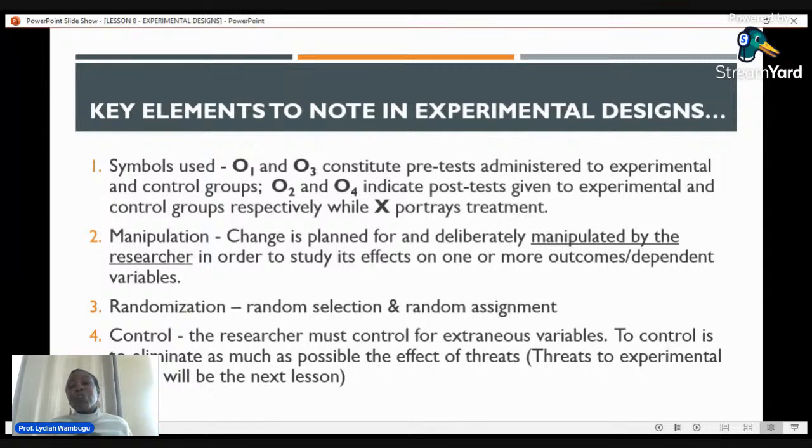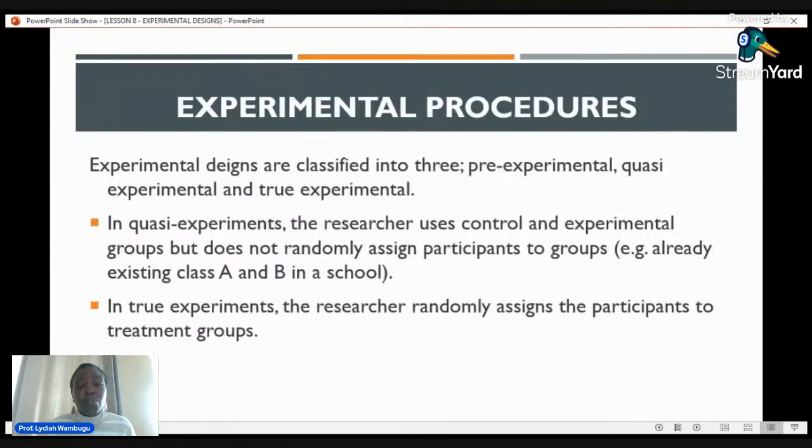You must remove any factor that may confound your decision to say that X causes Y. That is what we mean by control, so that the internal and external validity of the experimental design is not threatened. In other words, your confidence in saying that X caused Y is not threatened, and we'll discuss it more.